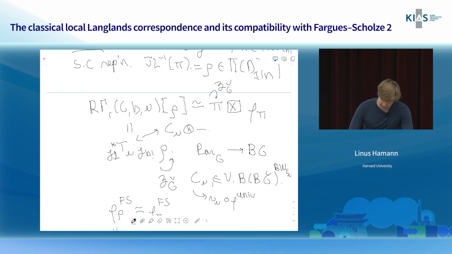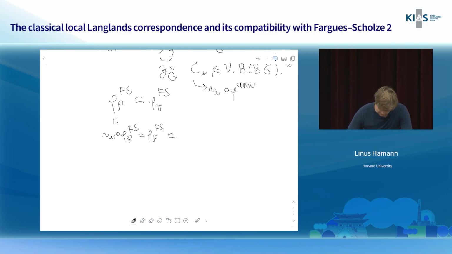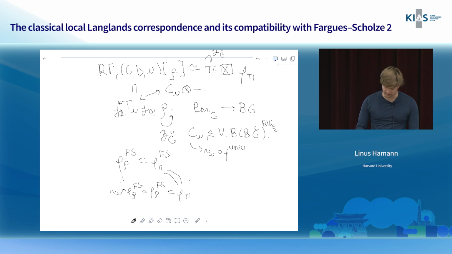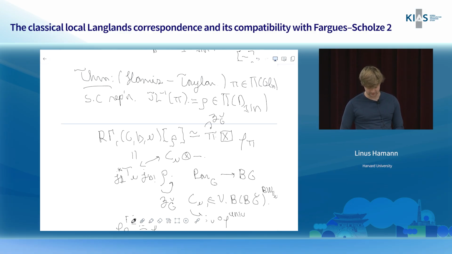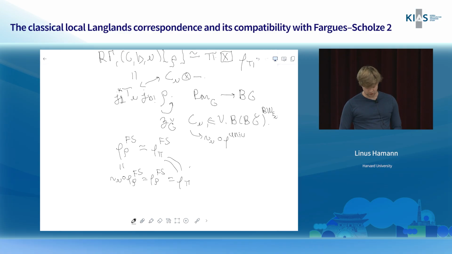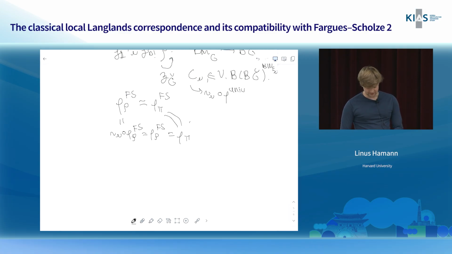But the actual Weil group action we're seeing inside here is precisely phi pi. So in particular, it follows, I rushed through it because it would take quite a while to explain this all carefully, but it really follows formally from the construction of the Fargues-Scholze correspondence that if you have this isomorphism over here, you get that this phi rho Fargues-Scholze is the same as phi pi.